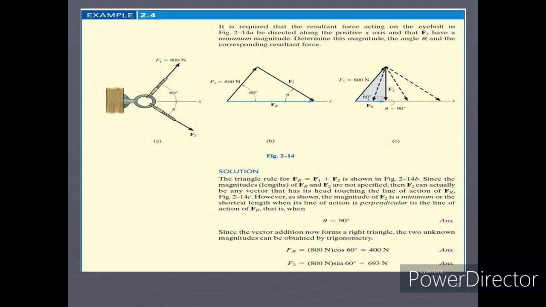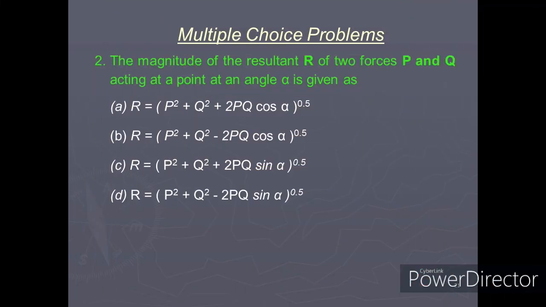Now, tell me, the magnitude of the resultant R of two forces, P and Q, acting at a point at an angle alpha is given as what? B. P and Q. Any contrary opinion?